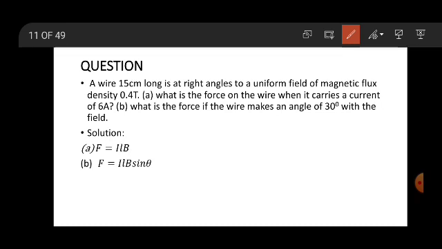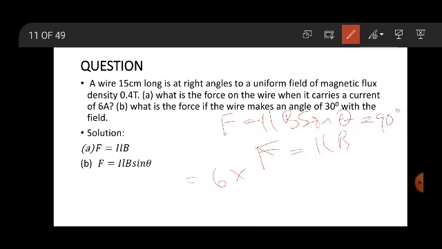Now the force is maximum when you say F is equal to ILB sin theta. At maximum force, your theta must be 90 degrees, and sine 90 is 1. So we are left with F equal to ILB. From the question, the current is 6 amperes. The length of the wire is 15 centimeter, which is 0.15 meters.